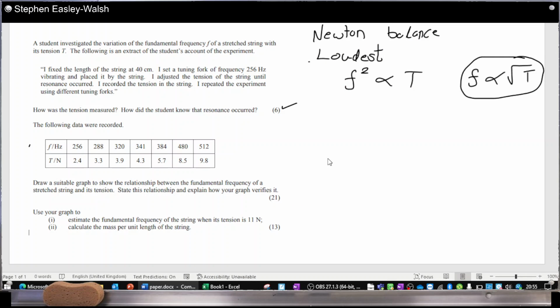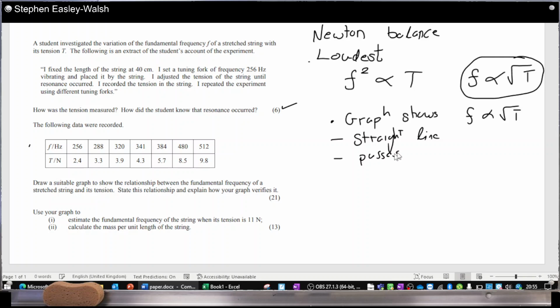So basically you want to say the graph shows that f is proportional to the root of the tension. And this is because it's a straight line. It passes through the data points.